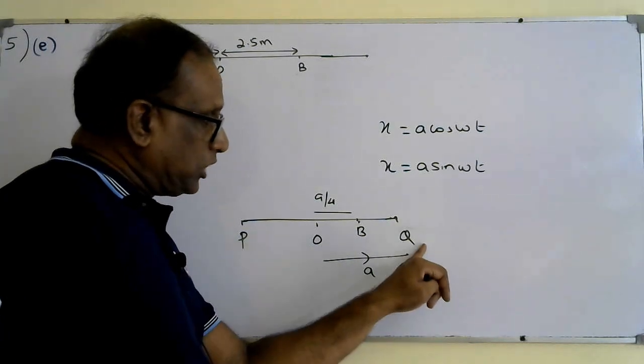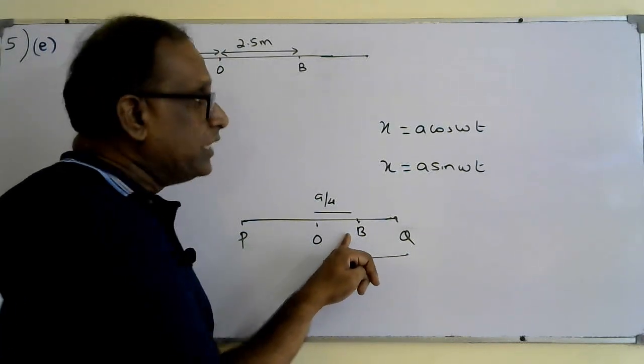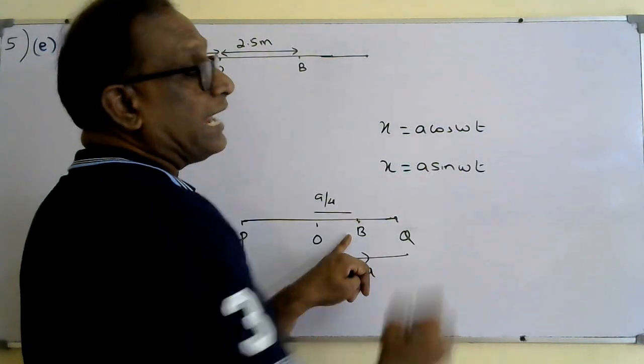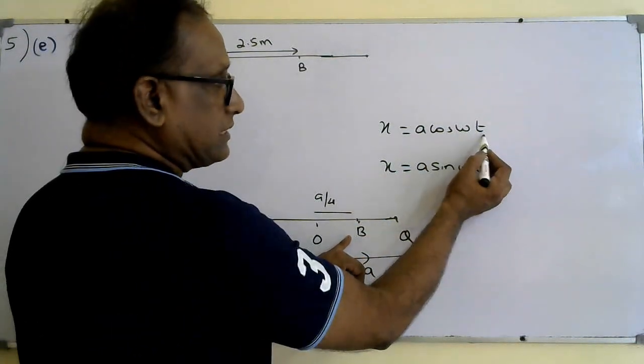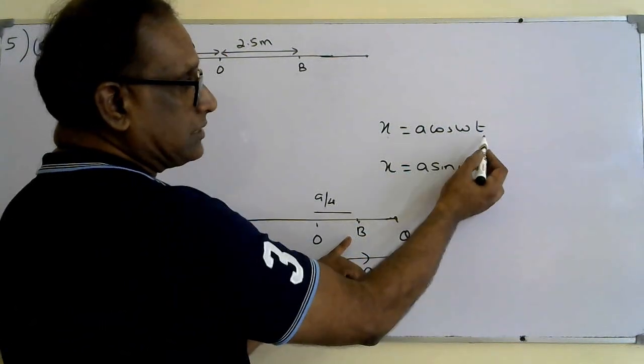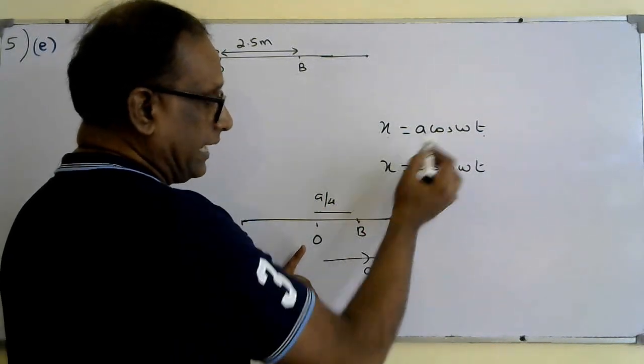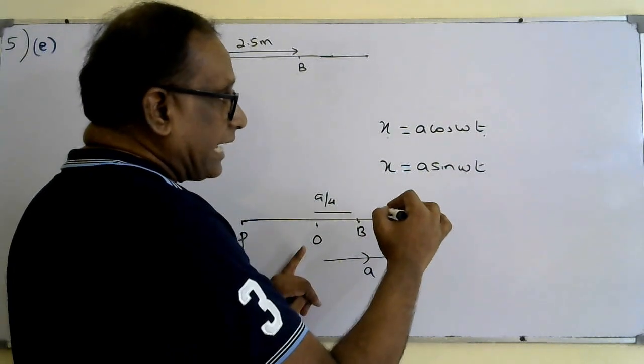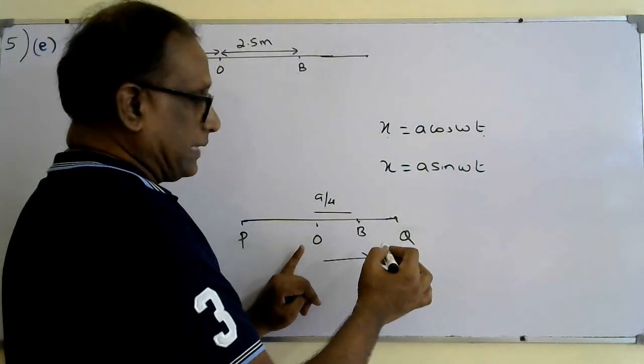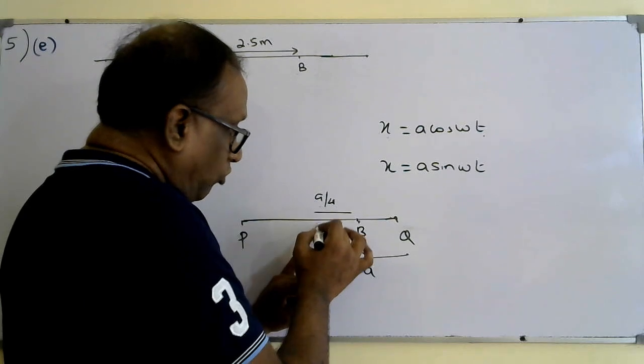We should use the equation x equals A cos omega t, because when you put t equals 0, x equals A. So t equals 0 means initially it is at the extreme position where x equals A. Then later at time t, what will be the displacement, which is A by 4 from O.